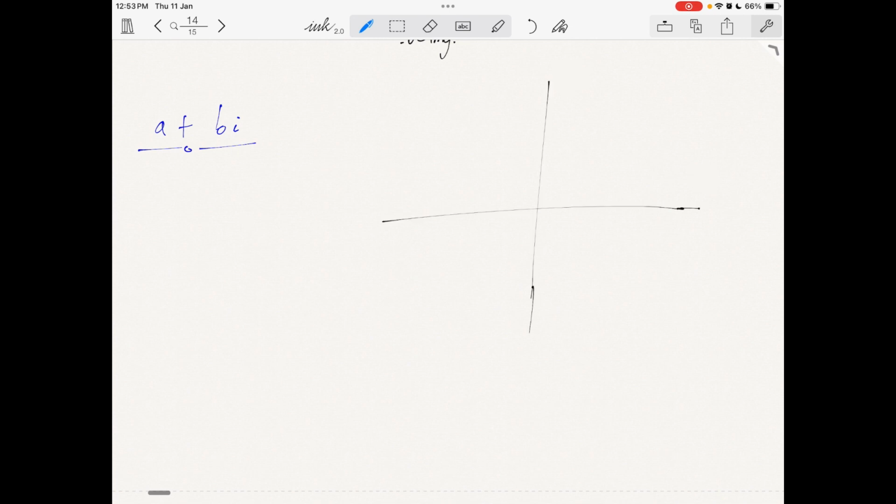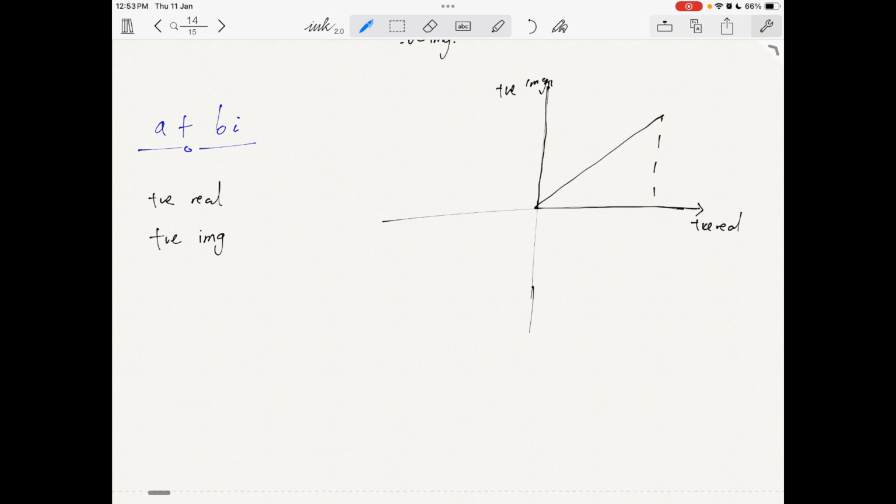Now a plus bi means it has a positive real number and a positive imaginary number. So definitely the complex number is within this quadrant.